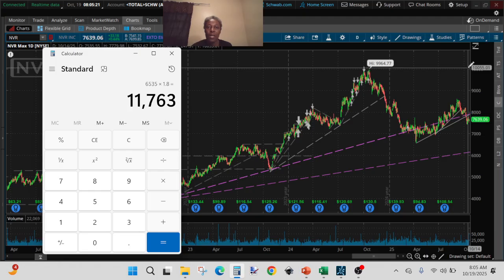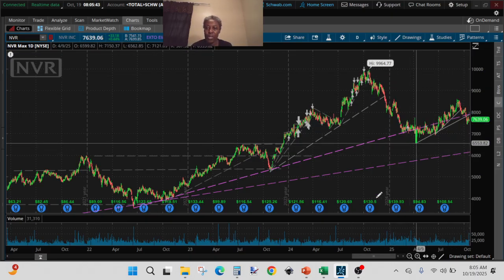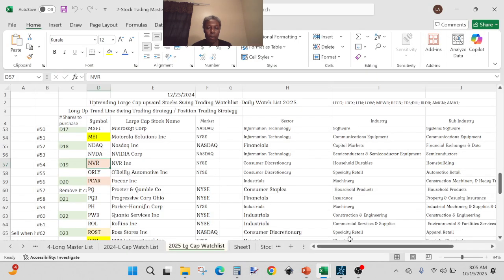But sometimes when I know that I'm going to sell it today, even if it's a red bar, I could sell it, but it's rare. So I like to buy and sell it on green bar days. But yeah, that is how you can use candlestick charts to do your swing trading analysis, to buy and to sell. So we spent quite a bit of time on NVR.